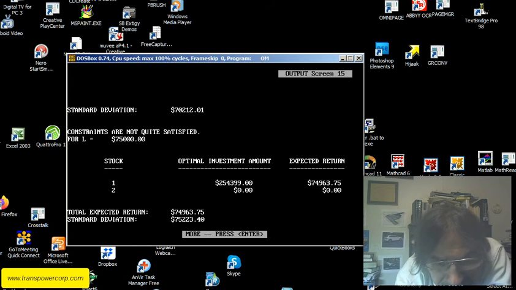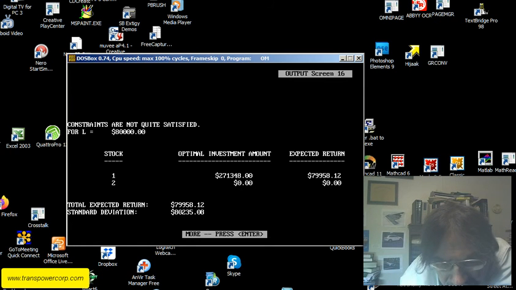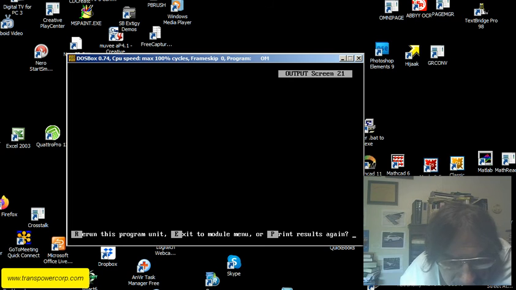So for L equal to 75,000, that's the one. It's pretty close: 74,963.75. But notice the standard deviation is higher, 75,229.40. And that says put everything into stock 1. Anyway, that's about it.